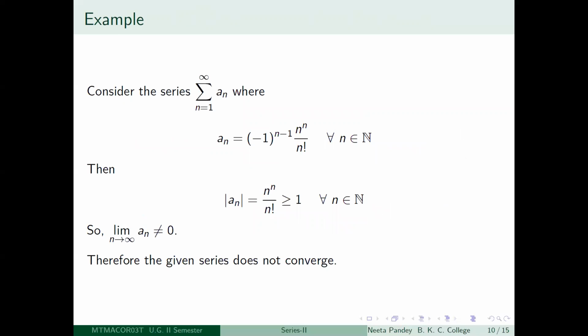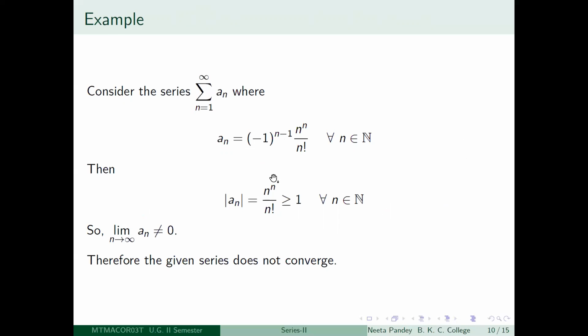And let us look at another example. Suppose you consider the series summation n equal to 1 to infinity an, where an is equal to minus 1 to the power n minus 1 multiplied by n to the power n by n factorial. So if you look at mod of an, what is it going to look like? This sign will become positive.